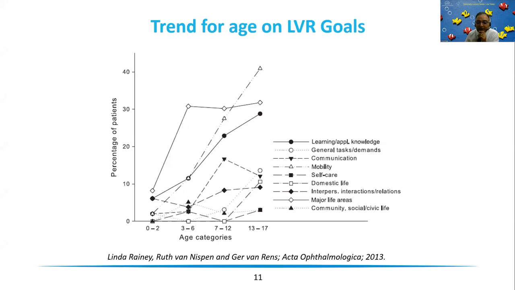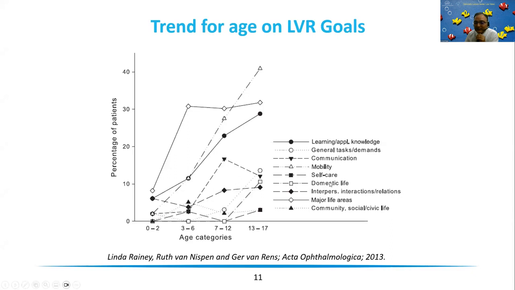If you look at mobility, one of the aspects shown with this triangle here, almost 40% of the patients are expected to perform that when they're around 13 or above. But when they're around 0 to 2, parents are not keeping that as the priority.